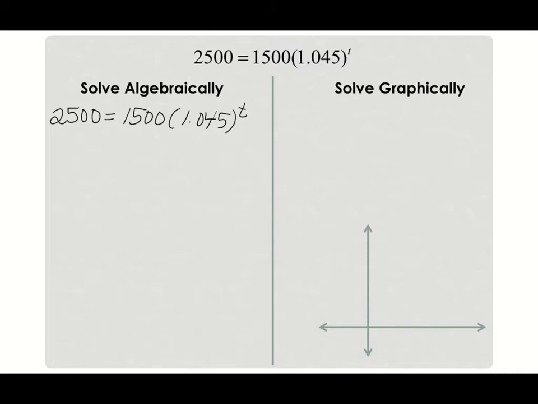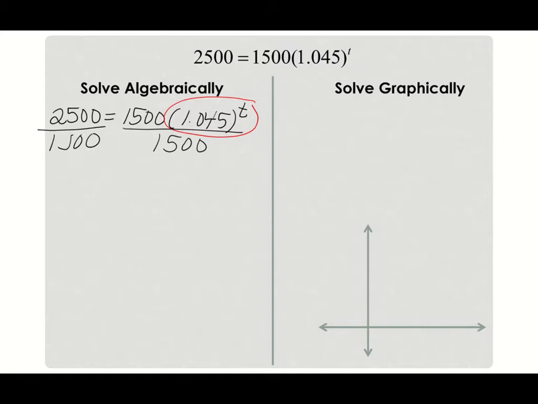Now I need to get my exponential by itself, so I need to move that 1,500. So to do that, I'm going to divide by 1,500. And when I take 2,500 divided by 1,500, I get 1.666666 repeating.